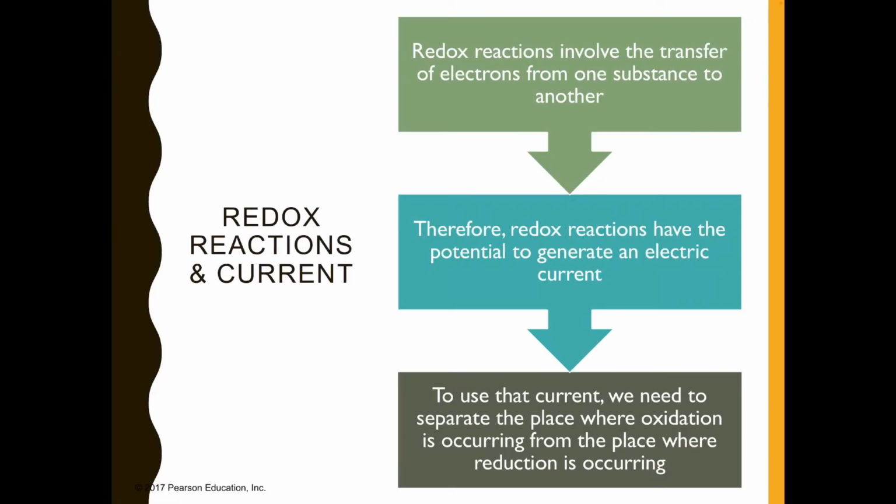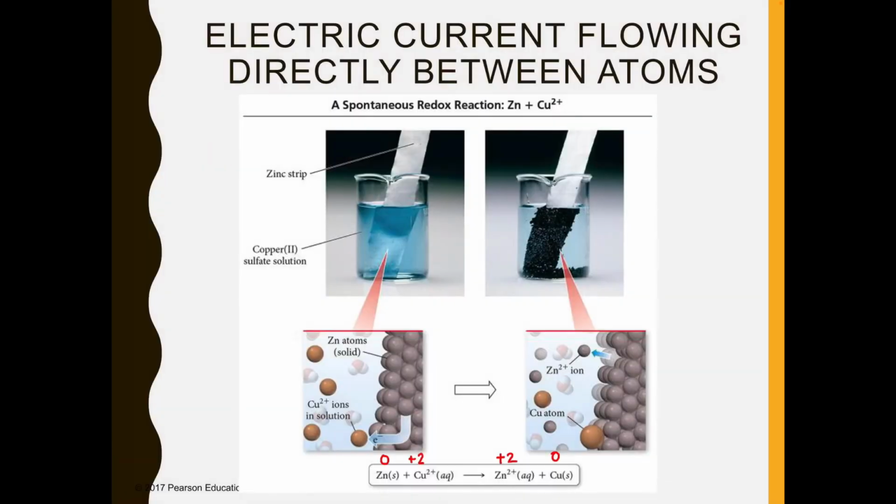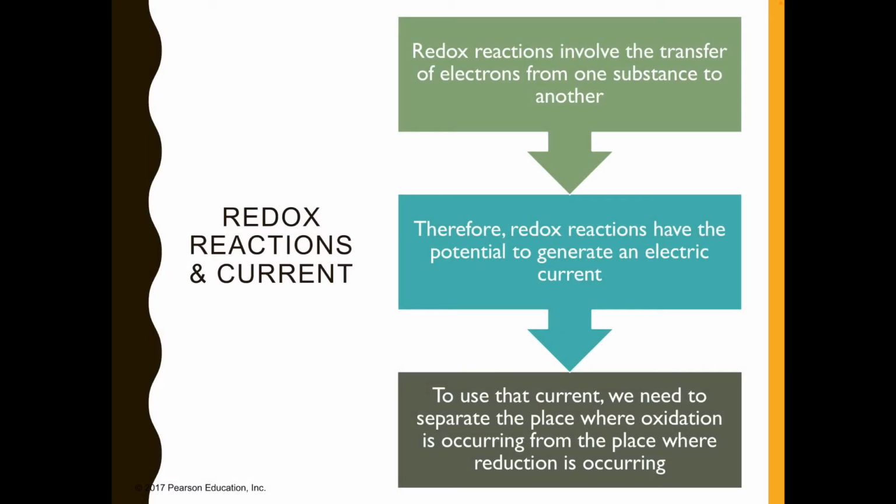Like we talked about last time, redox reactions involve the transfer of electrons from one substance to another, so redox reactions have the potential to generate an electric current because we have flowing electrons. To use that current, we need to separate the oxidation and reduction places. Instead of occurring in just one beaker, like in this example, we'll have them occurring in 2 separate beakers, connected by a wire.